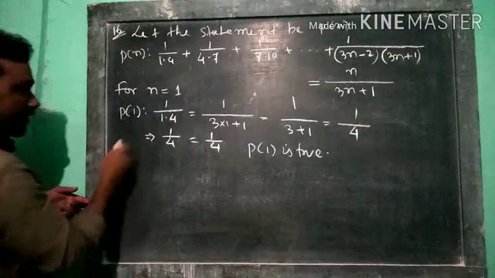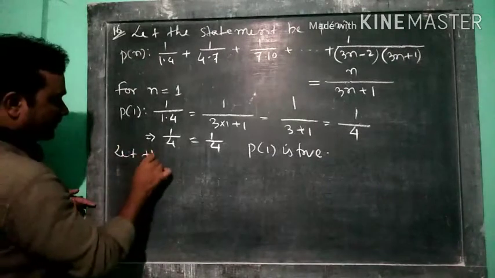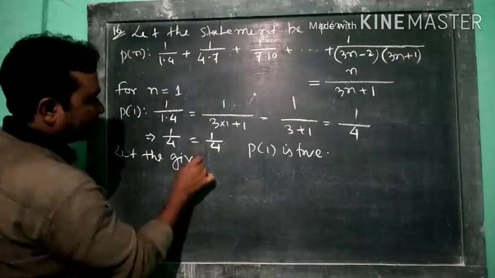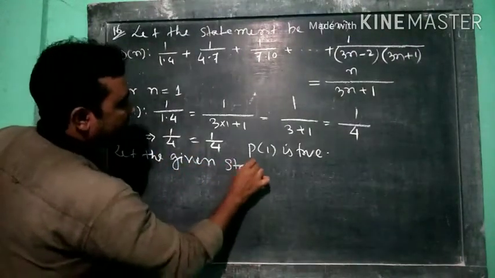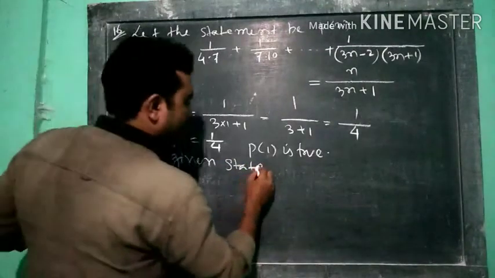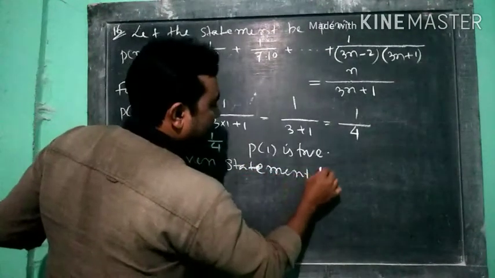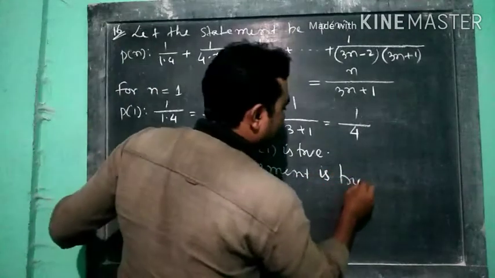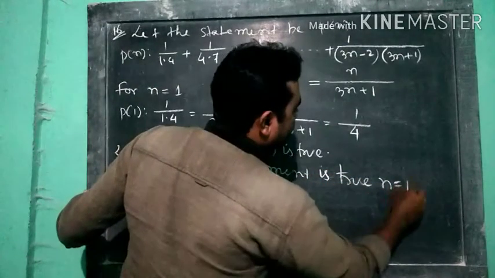Step number 2. Let the given statement be true for n equal to k.